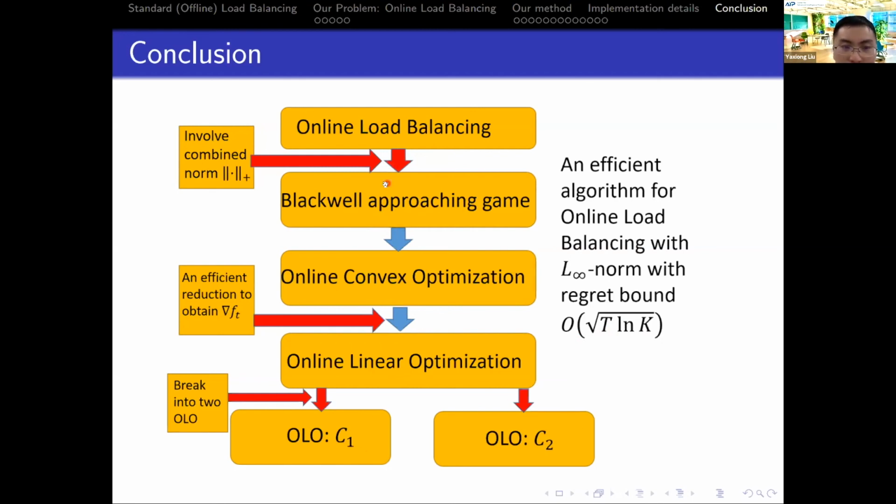In the first reduction, we involved a combined norm, and in the third reduction, we used second order cone programming and an efficient reduction to obtain the subgradient of FT, and we break the OLO game into 2 relatively simpler games, OLO games C1 and C2.